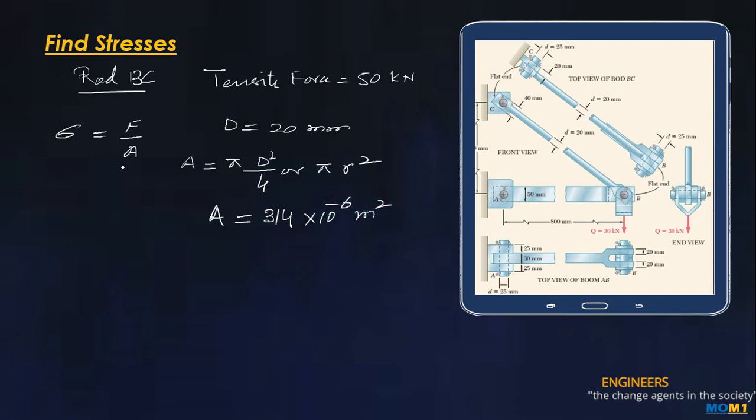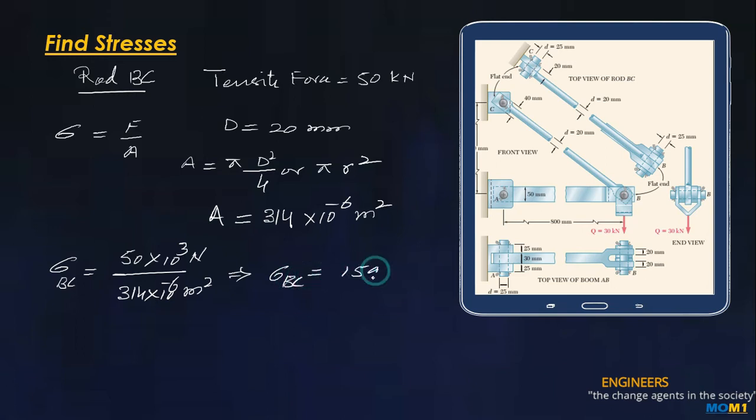Now using these values in this expression, the stress in rod BC would be 50 into 10 raised to the power 3 Newton upon 314 into 10 raised to the power minus 6 meter square. So we have sigma BC of value 159 megapascal.